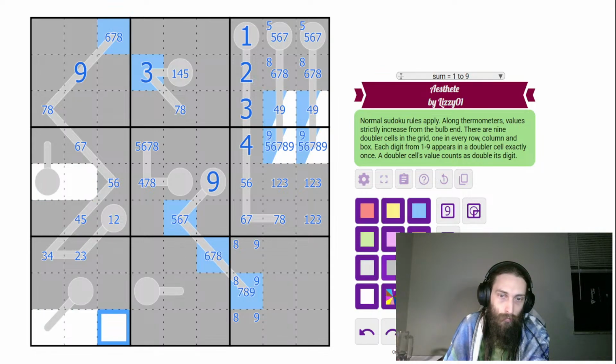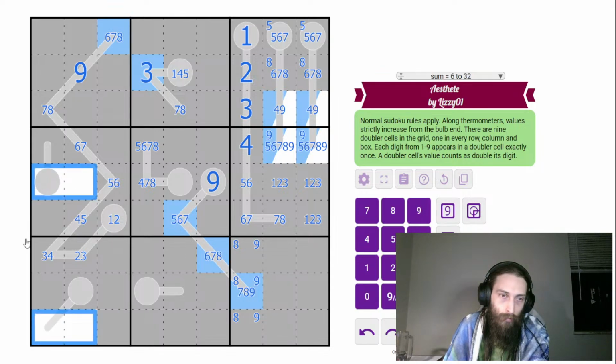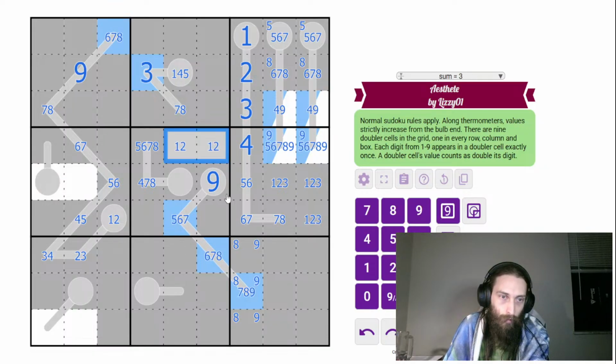So the doublers that are in here must be 1 or 2. Right. Which means we have a 1 or a 2 in here. Right. Which gives us a 1, 2 there. And this is now minimum 4.